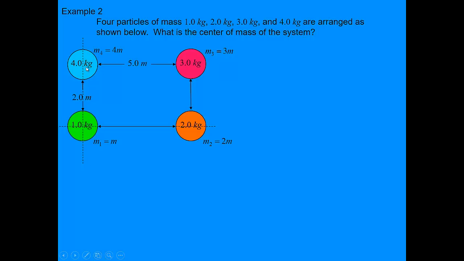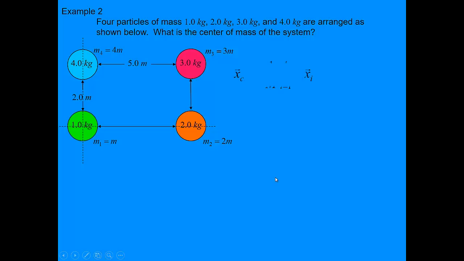See what I'm doing? I don't even care what the actual numbers are. I just care about the integer multiples. So this could be 10, 20, 30, 40, and I could still use m, 2m, 3m, and 4m. The center of mass would be in the exact same place, because of how we divide masses.